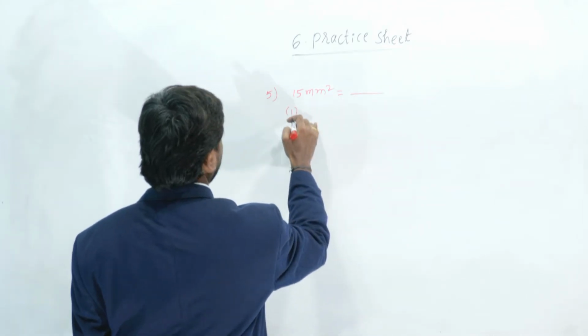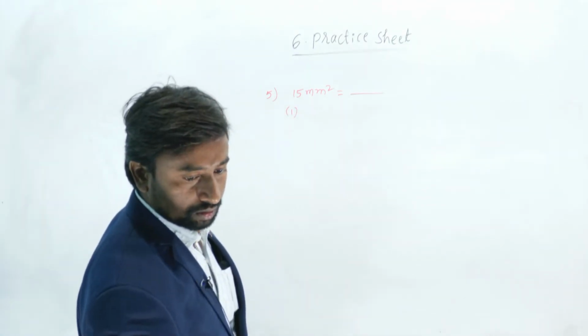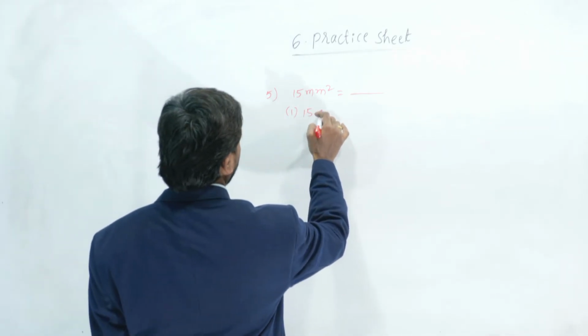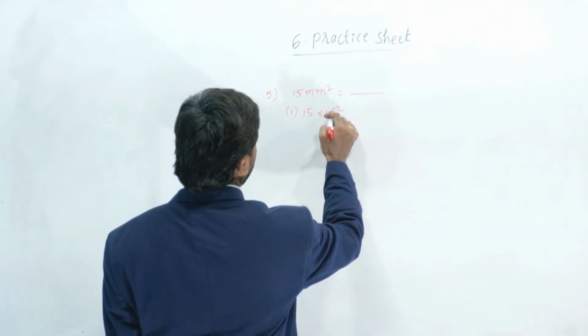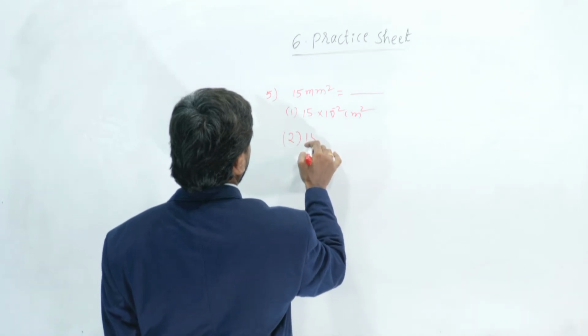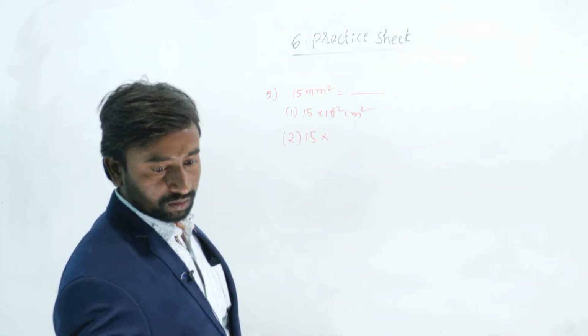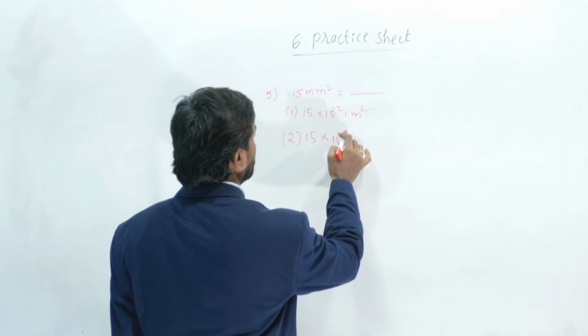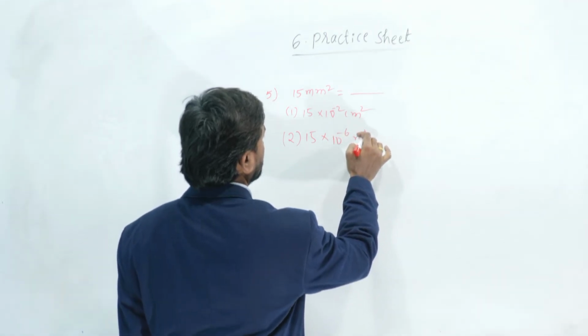Here the options are given. First one is 15 into 10 to the power of minus 2 centimeter square. Second option is 15 into 10 to the power of minus 6 meter square.